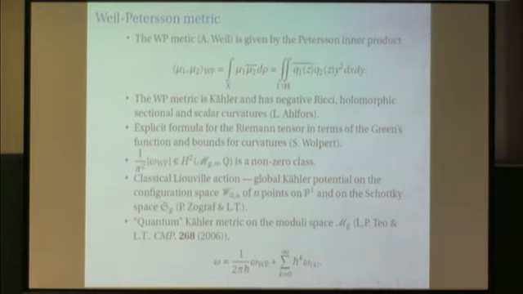Another case, you consider the modular space of pointed rational curves, which is a manifold. And then it has a nice cover. It's just a configuration space of n points.